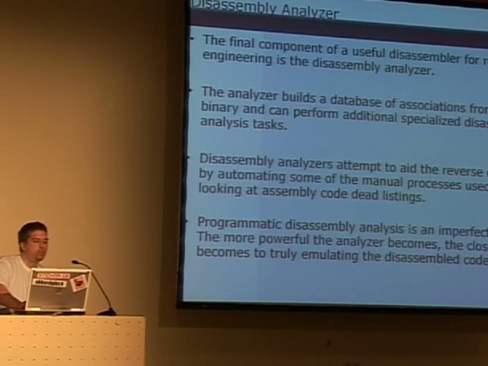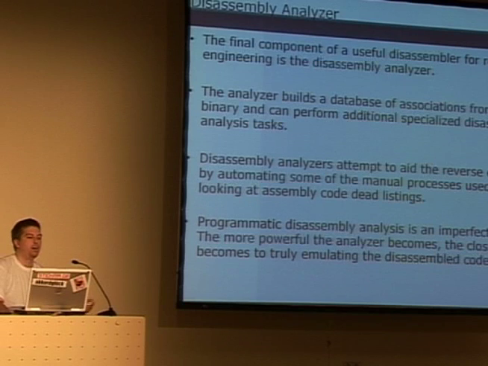So the final component of a disassembler that's going to be useful to a reverse engineer is the disassembly analyzer. This is where a lot of the work comes in, and it takes that parsing capability and turns it into a representation, doing some work to tie all these symbols together with the code references, and bringing meaning to all this readily available information.